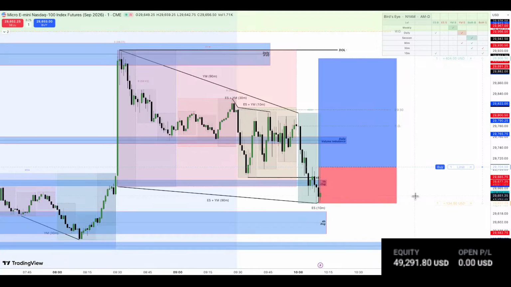Price closed below this low. Let's see how price reacts to it. There's a 10-minute SMT with ES.